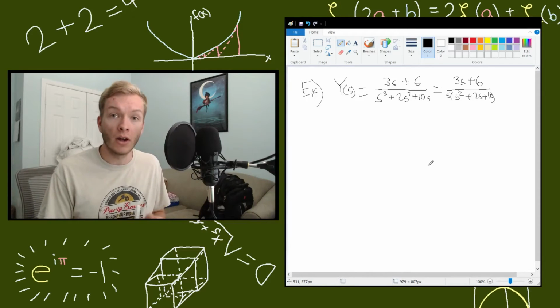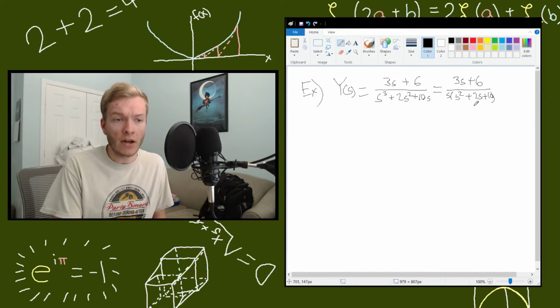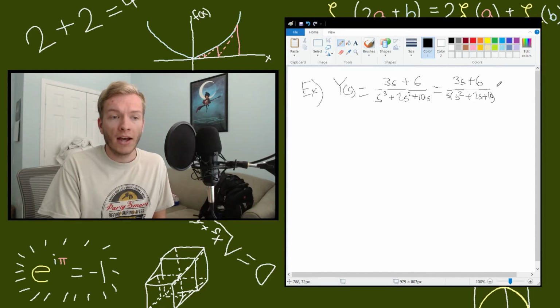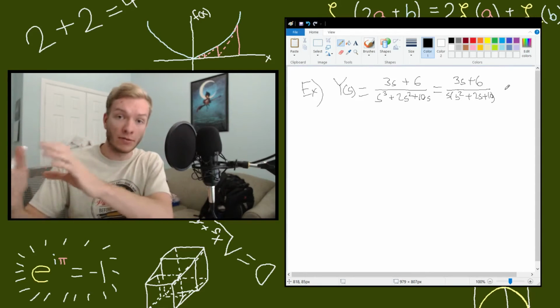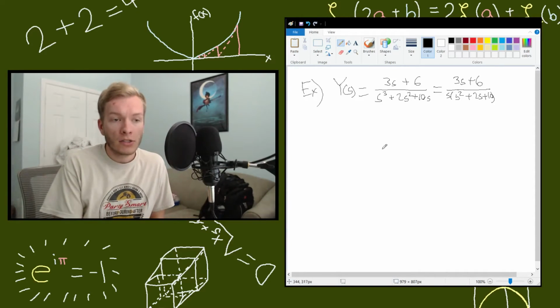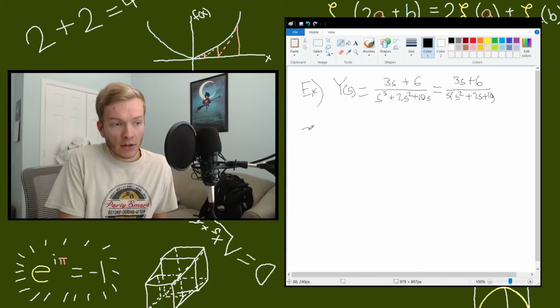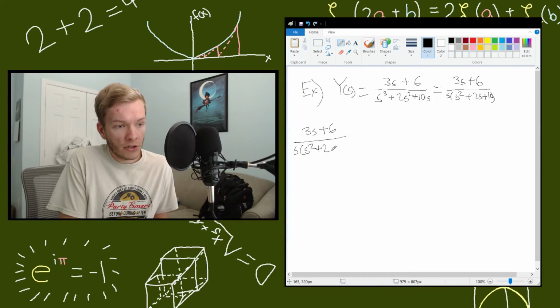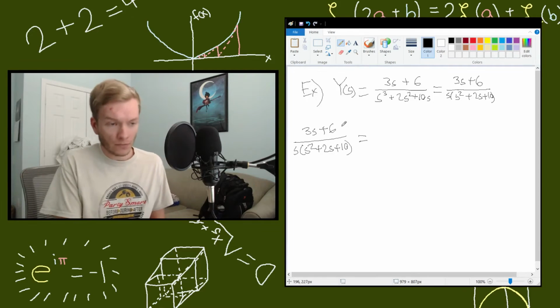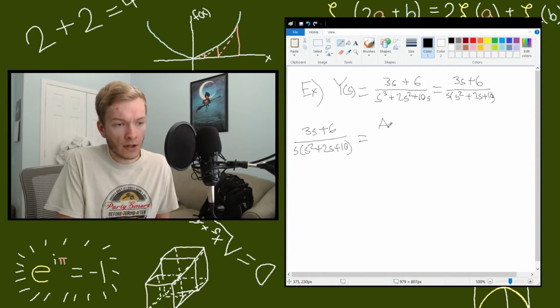So what we are going to do instead is we're going to leave this here, and we're going to put individual coefficients for one for s and one for s to the power 0. So let me rewrite this guy down here. So we're going to go 3s plus 6 over s times s squared plus 2s plus 10 is equal to, so we're going to put one constant over s plus, we're going to have 2 here.